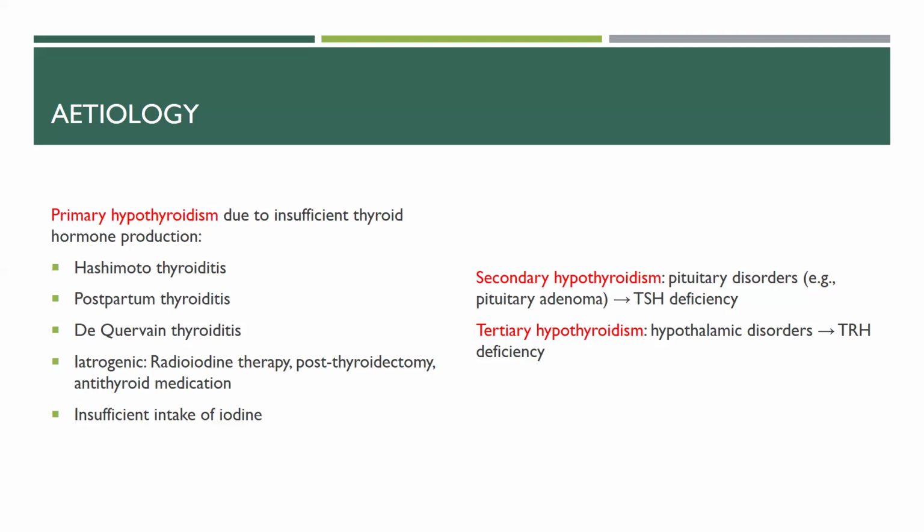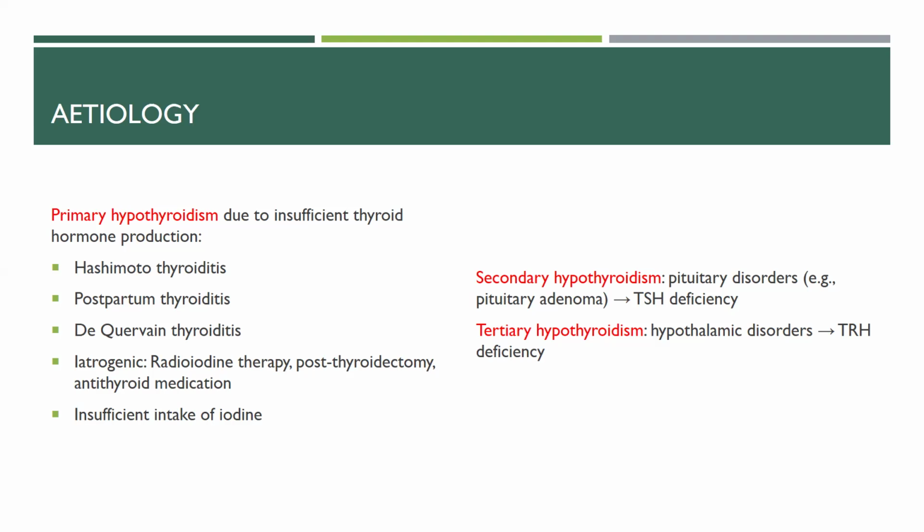Okay, so in secondary, we normally have pituitary disorders like pituitary adenoma that can lead to thyroid stimulating hormone deficiency. TSH is thyroid stimulating hormone. Then we come to tertiary hypothyroidism, which is mainly hypothalamic in origin. And TRH is simply thyrotropin releasing hormone.